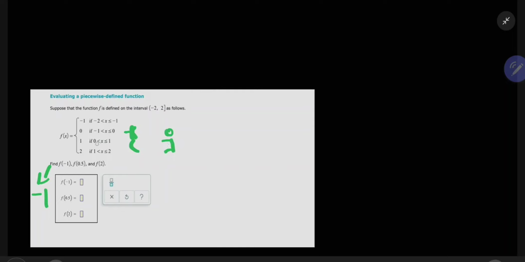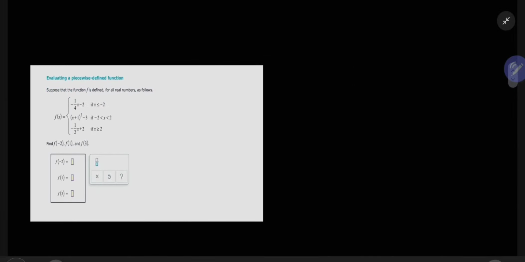So for 0.5, for the third one, you have 0 less than x less than or equal to 1. So it means it goes from 0 to 1, but 0 is not included, but 1 is. So if you saw that your 0.5 would be here, in the third definition, you are absolutely correct. So take out 2 minutes, try to figure that out, and let's move on to the next one.